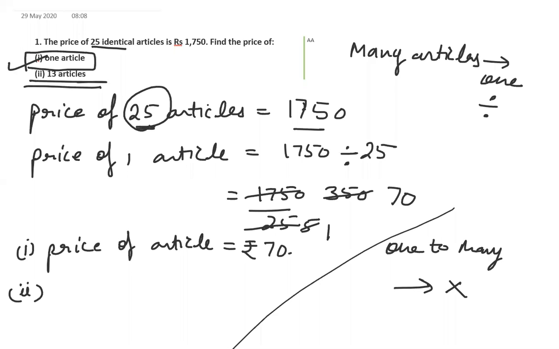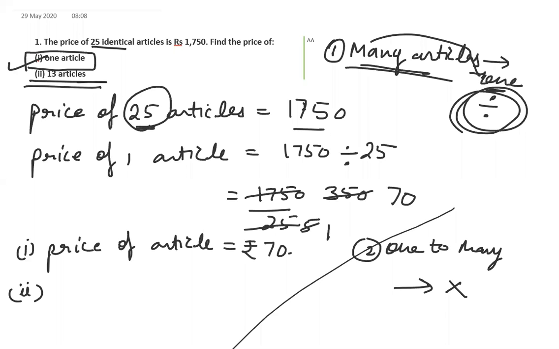I have told you two different and very important rules. The first rule was when you have to find the price of one article and the price of many articles is given, means if you want to go from many to one, you just have to divide. If you are going one to many, you have to multiply. So you know the price of one article, so you can also find the price of 13 articles.